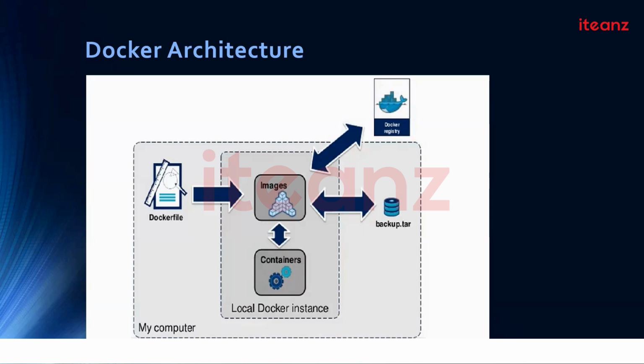So for creating a container, the first and foremost thing is what image you need. That image is in Docker, and you can have a backup as well. You can upload it, or you can create a Dockerfile. A Dockerfile is a set of commands used to create the VMs or to run the environment. There are two ways.